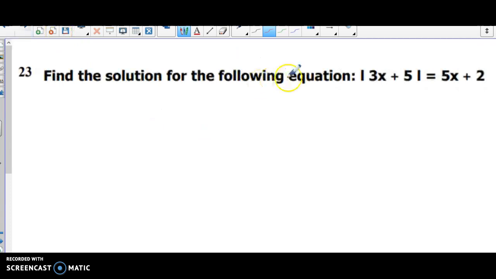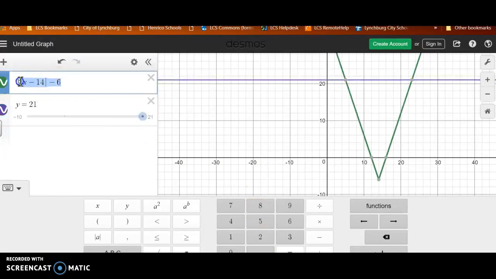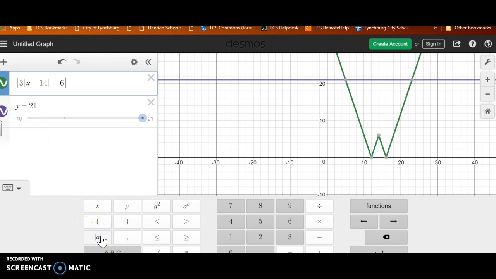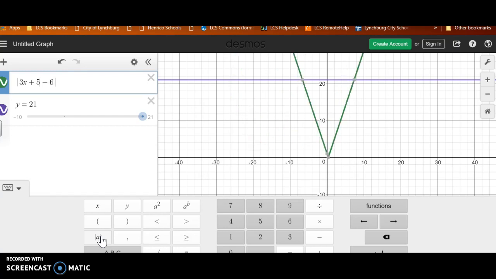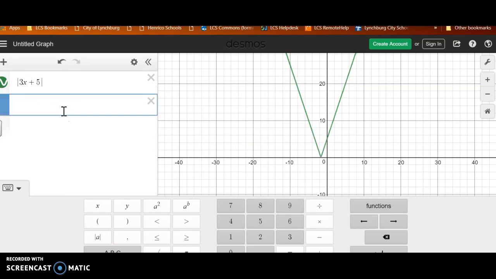Find the solution set. We're going to graph this in one, this in the other. So we have an absolute value and a line. So let's look at what this one looks like. This one's a little different. We want absolute value of 3x plus 5, and then the second one is going to be 5x plus 2.